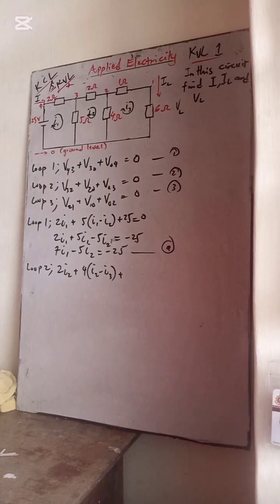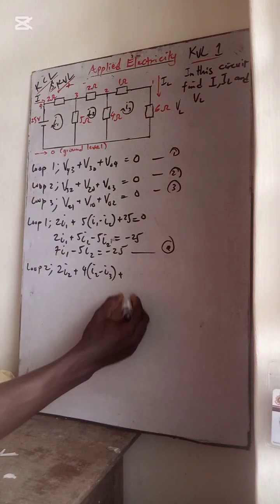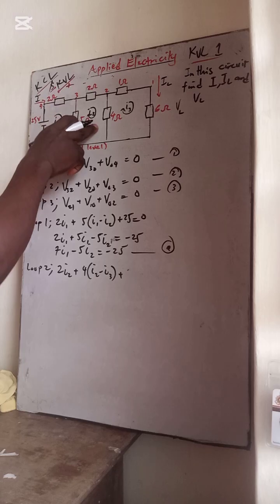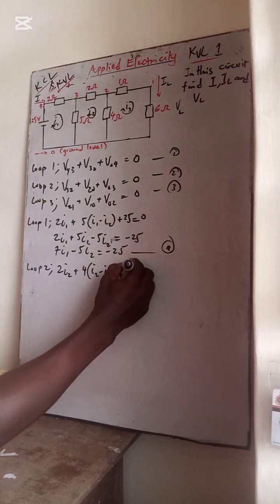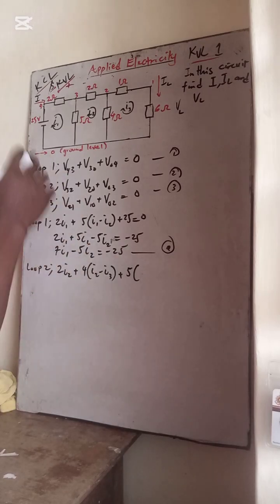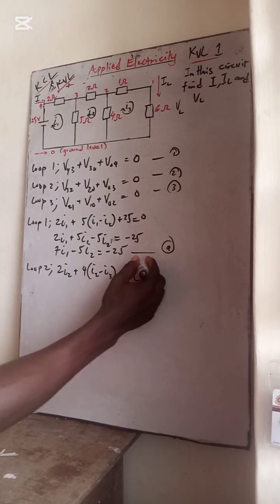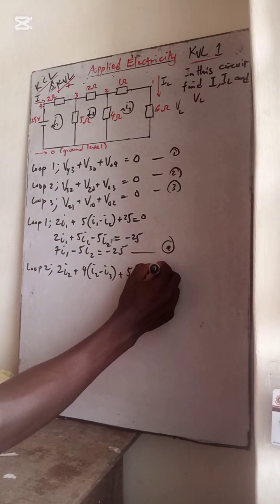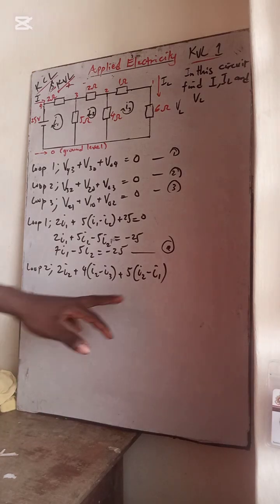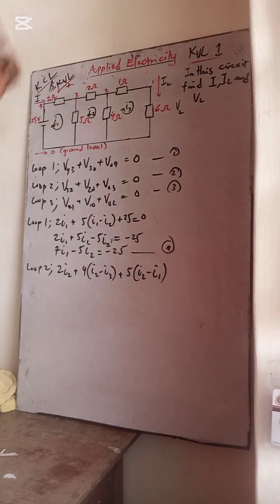Do we get it? It's IR we are dealing with. I'm just putting that R at the front so that we can arrange it very well. So 5 times I2 minus I1. So what is left now? Nothing, it is equal to 0. So let's simplify.